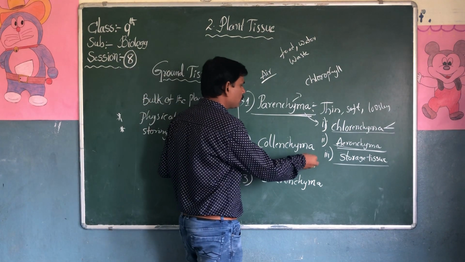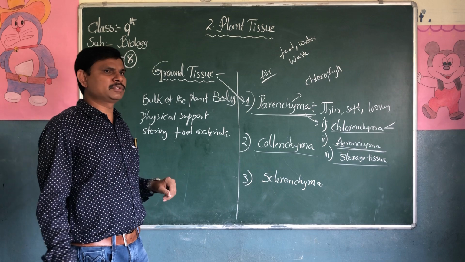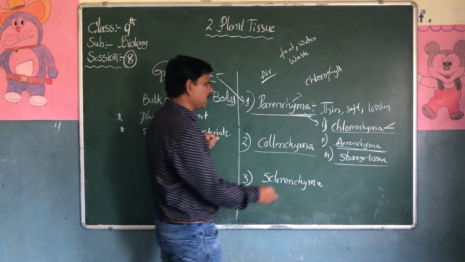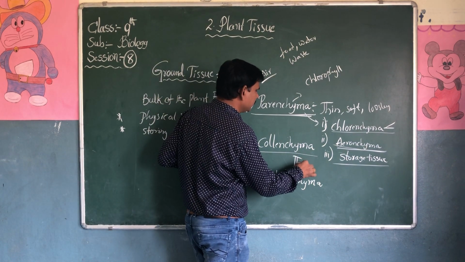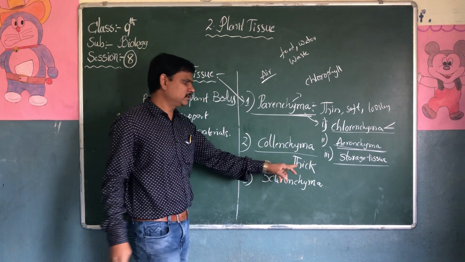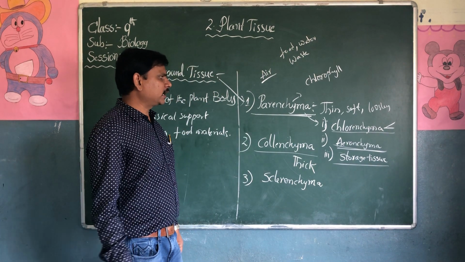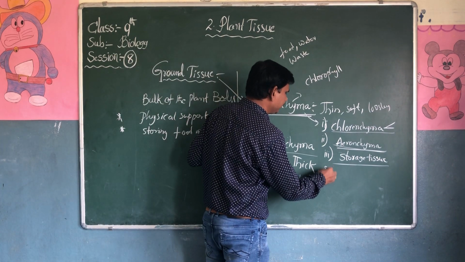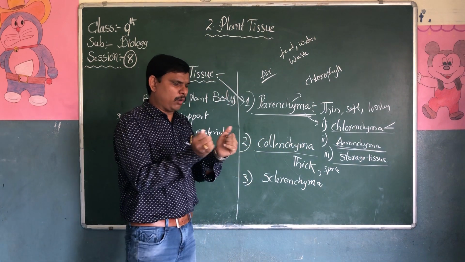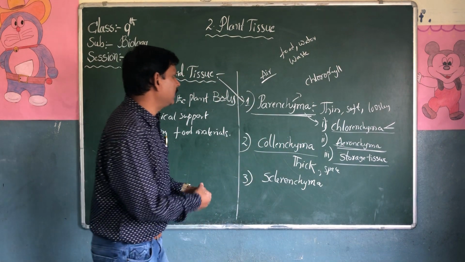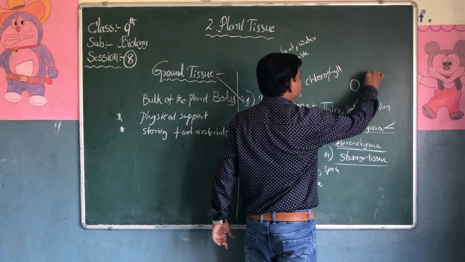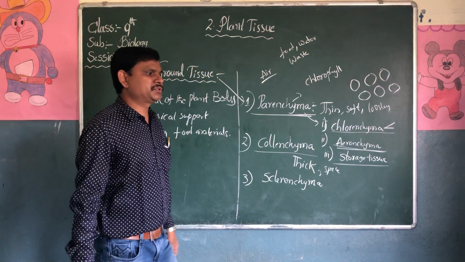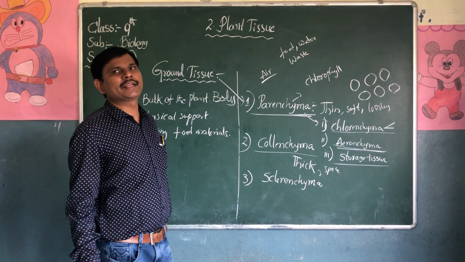Next we come to the collenchyma. These collenchyma cells have thick walls, thin and thick. There is a small gap between one cell and another cell in collenchyma.